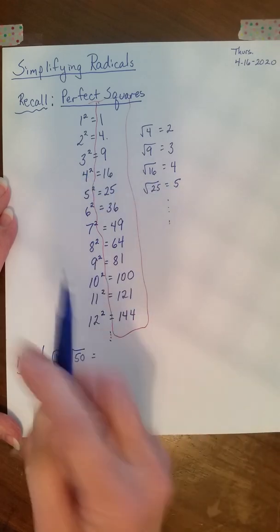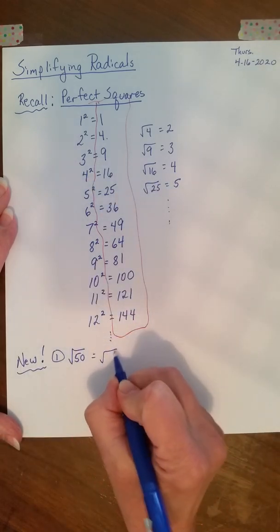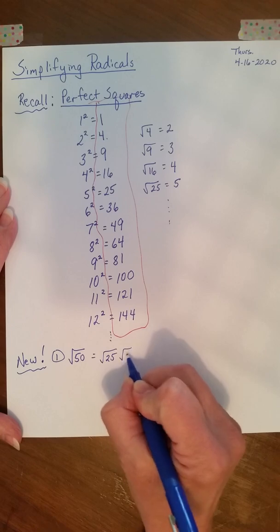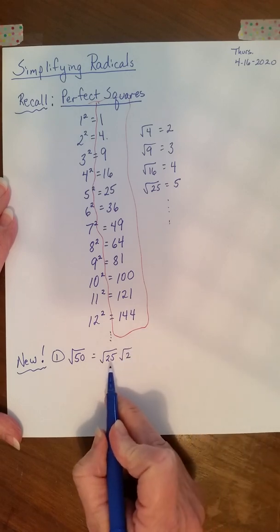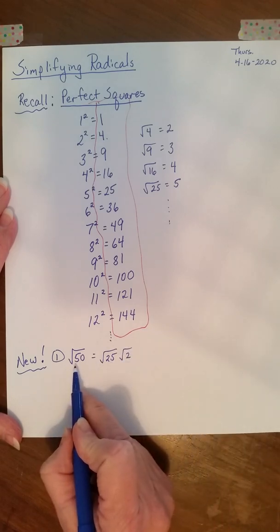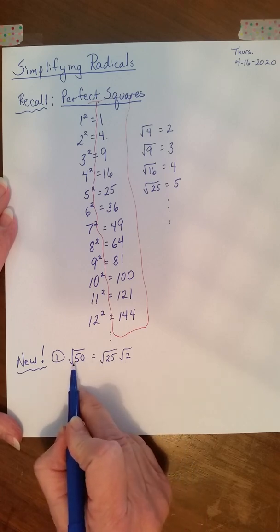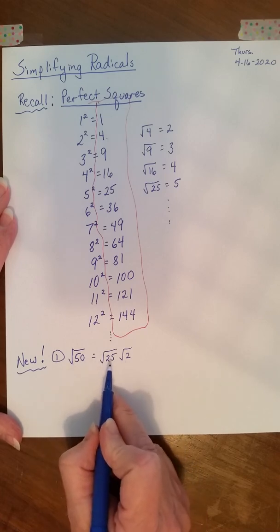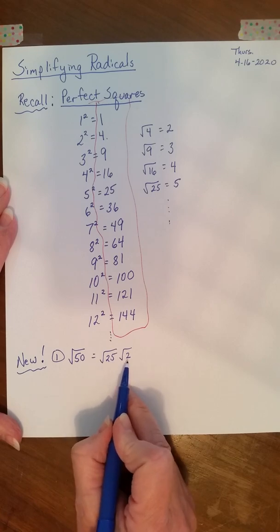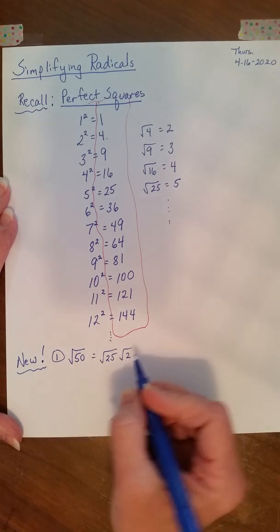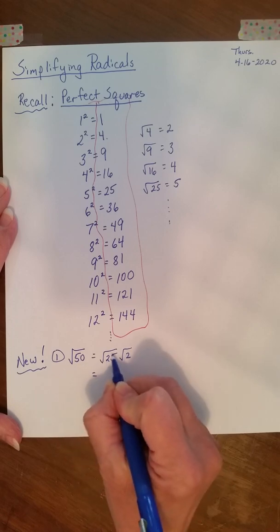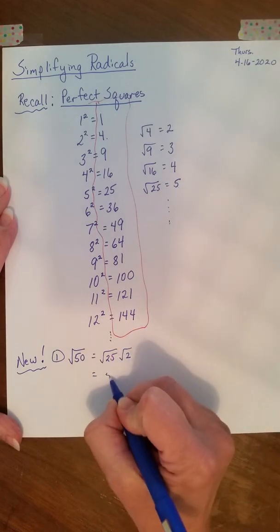It is. So I can split up the square root of 50 as the square root of 25 times the square root of 2. 25 times 2 is 50. 25 and 2 are both factors of 50. I chose 25 because 25 is a perfect square. So 25 times 2, that's the square root of 50. Now let's simplify. The square root of 25 is 5.